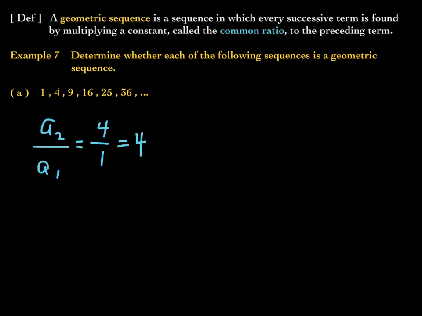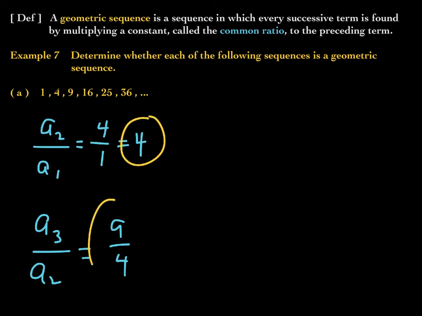Now, in order for this to be a geometric sequence, this must be true for every pair of successive terms. So let's check out the third term and the second term. The ratio would be 9 over 4. Wait a minute. These ratios are not the same. 4 and 9/4 are not the same number.